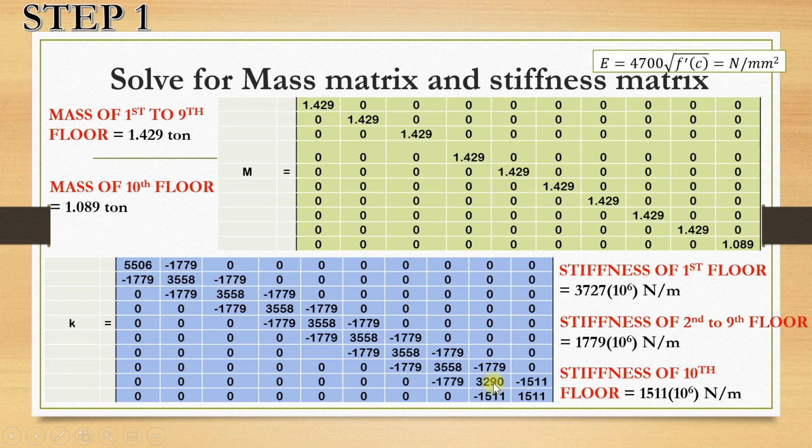Dito naman sa 9th row of 9th column, i-add natin yung stiffness ng 9th floor which is equal to 1,779 million plus yung stiffness ng 10th floor which is 1,511 million. So magkakaroon tayo ng sum na 3,290. Dito naman sa last, i-add natin ang stiffness ng 10th floor at saka 0 since wala nang kasunod na floor. So 1,511 million plus 0, so 1,511.